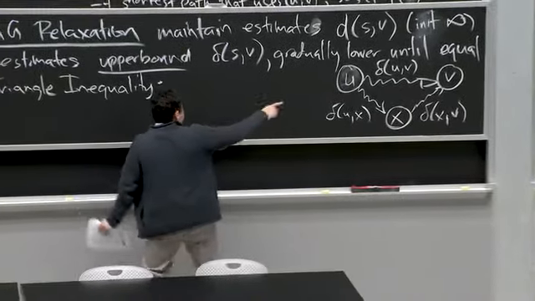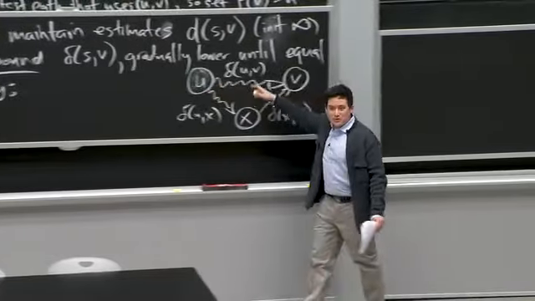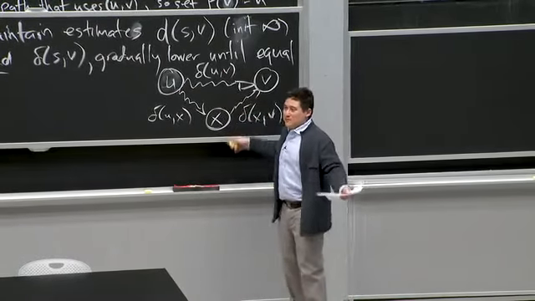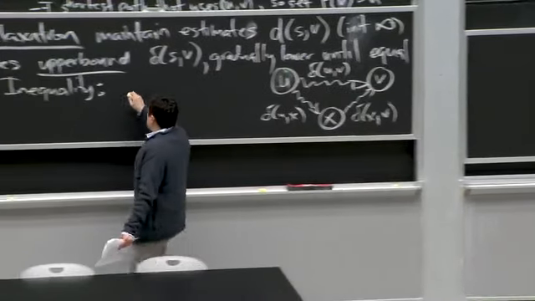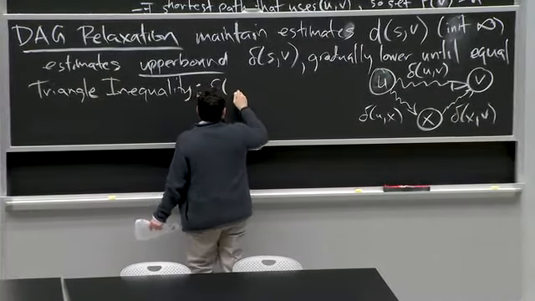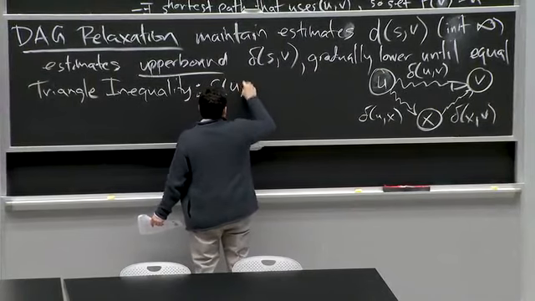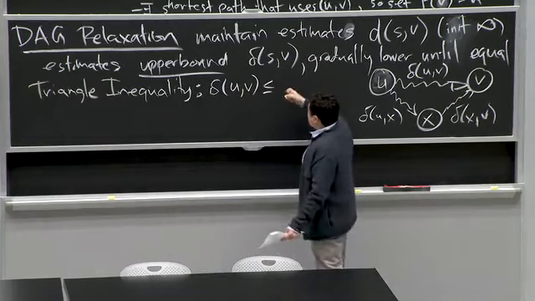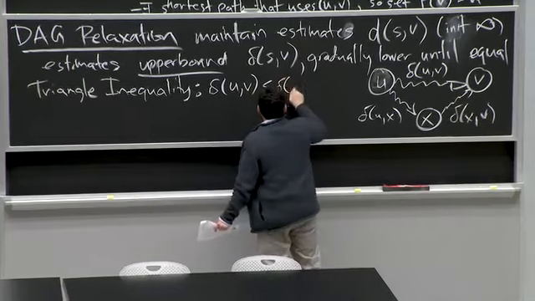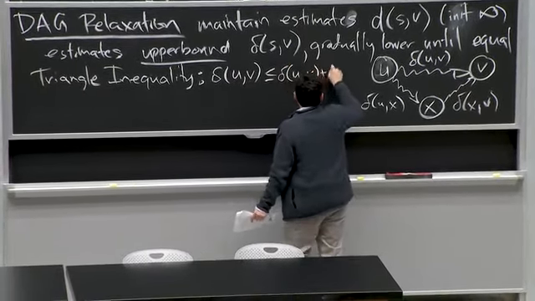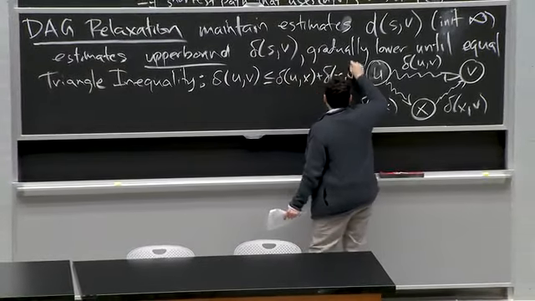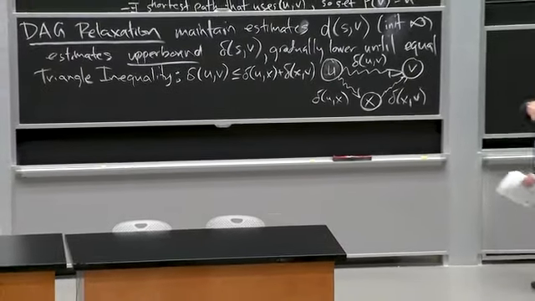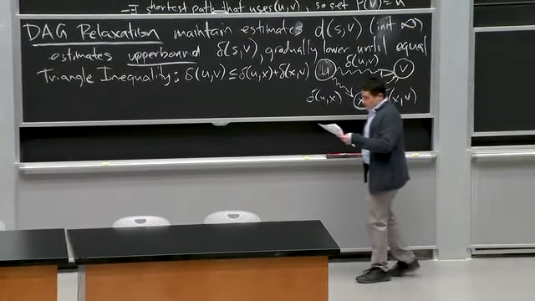I mean, that's just a statement of I'm restricting to a subset of the paths. I can't decrease my minimum distance, right? So this is the statement of the triangle inequality: the shortest path distance from u to v can't be bigger than the shortest path distance from u to x plus the shortest path distance from x to v for any x in my graph that's not u and v, okay? So that's the triangle inequality.